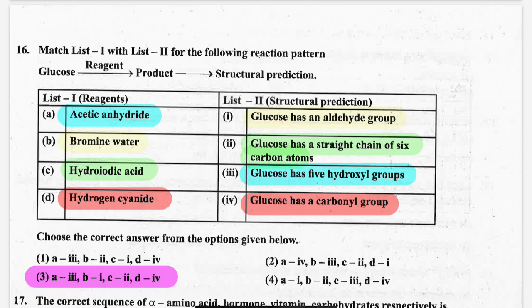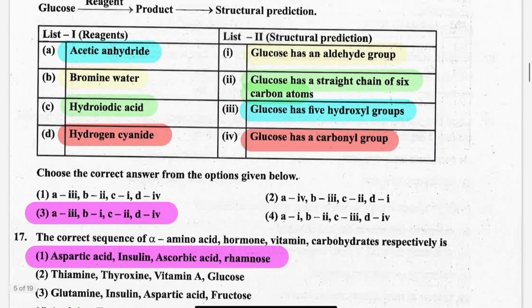The third one is hydroiodic acid: glucose has a straight chain of 6 carbon atoms. And the last is hydrogen cyanide: glucose has a carbonyl group. So option 3 will be the correct answer.